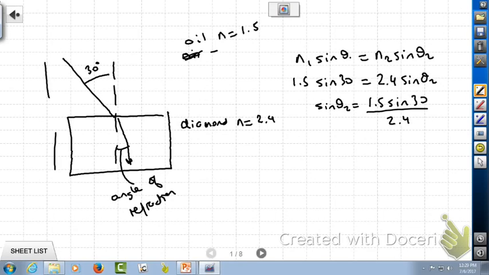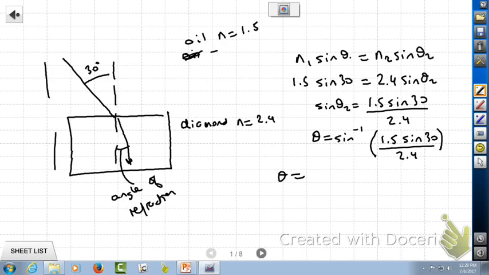So theta 2 is equal to sine to the minus 1 of 1.5 sine 30 over 2.4. On the calculator, I go 1.5 times sine 30 divided by 2.4, and then second sine, second answer.